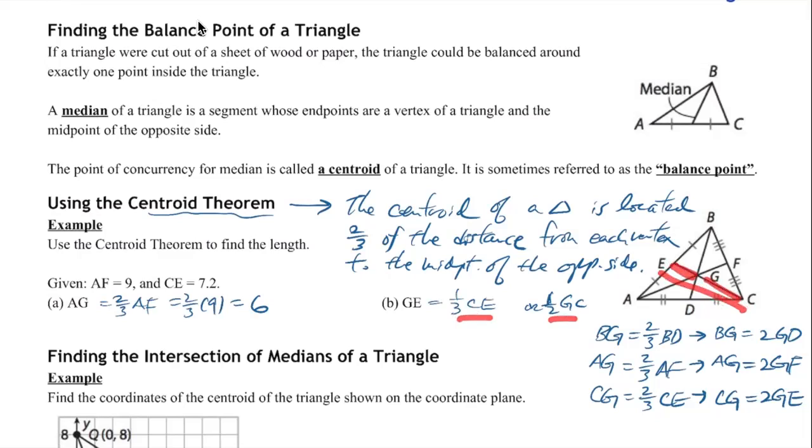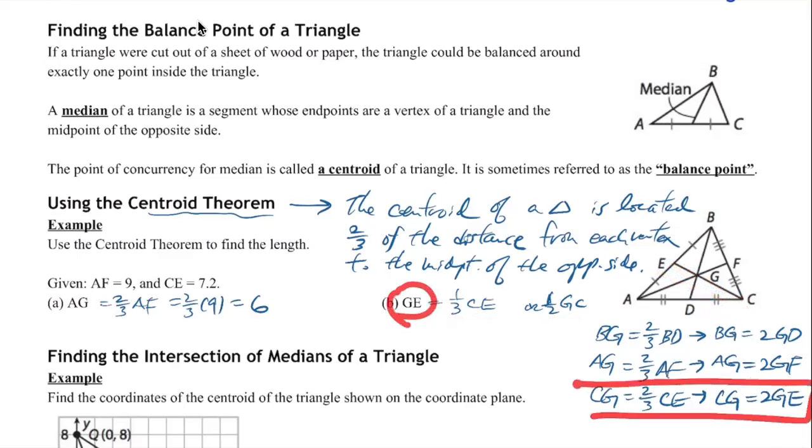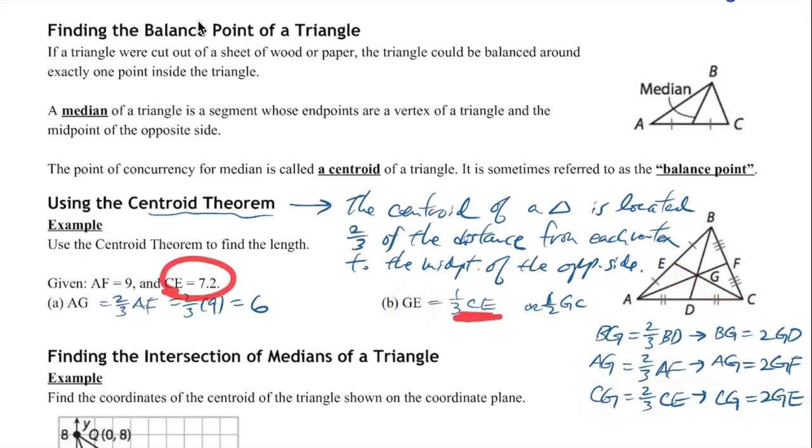I don't know which one, right? So the effective one here is this one right here, guys. Okay. Sounds good. All right. But we have length CE, so we have to go with this one, right? So 1/3 of CE, which is 7.2, gives 2.4. Okie dokie, guys.